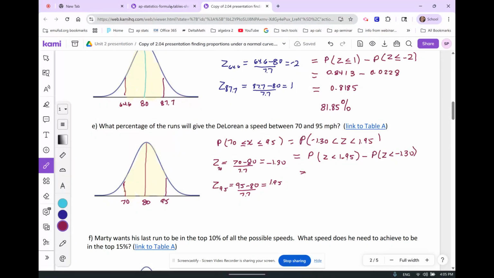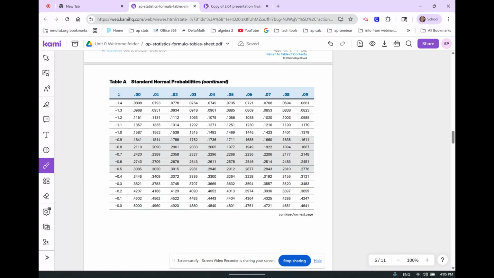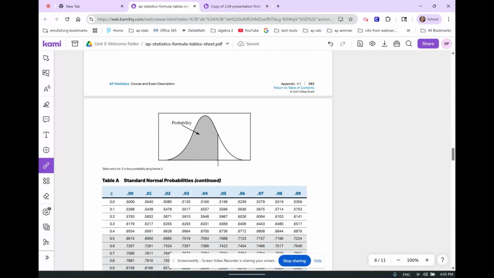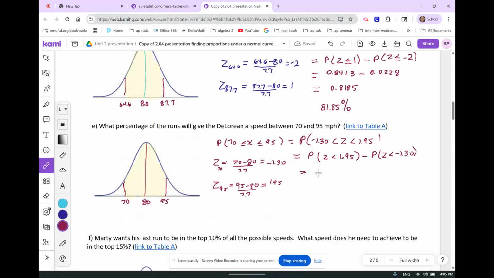Okay. So we go to the table, and let's do 1.95. So go to the positive values. So 1.9 is this row, and 1.95 is 0.9744. And now we want to subtract out negative 1.30.